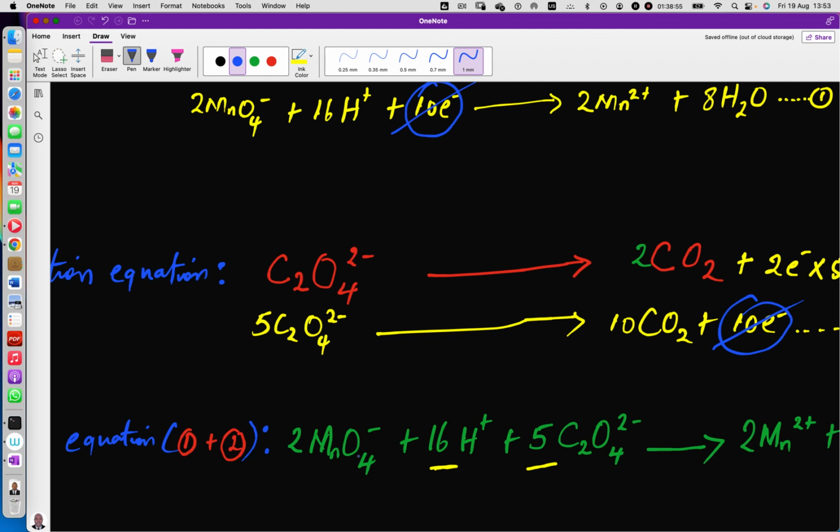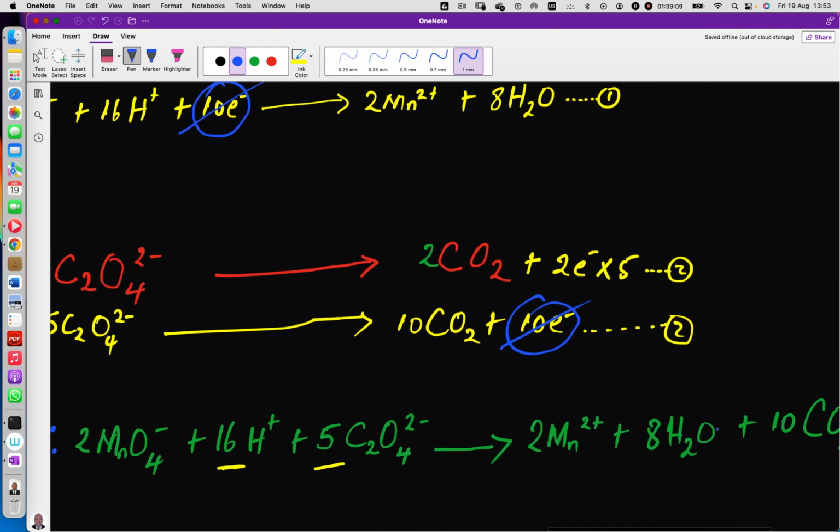It will be 2 MnO4 minus plus 16 hydrogen ions, plus, for the reactants, 5 C2O4 2 minus, to give the products, 2 Mn 2+ plus 8 water plus 10 carbon dioxide.